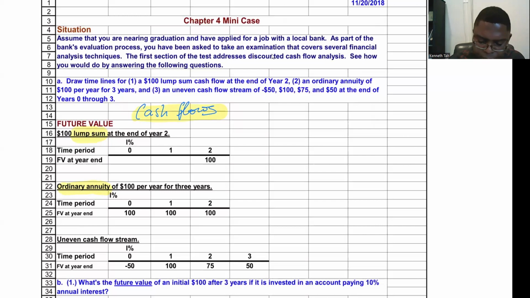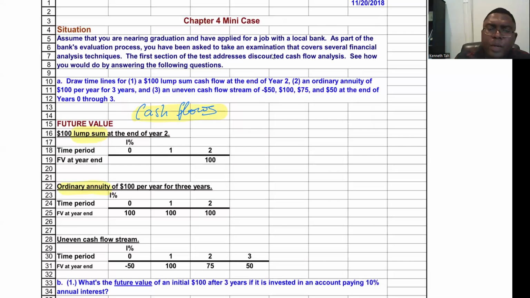At the end of year one, we get a $100 cash flow. At the end of year two, we get a $100 cash flow. And at the end of year three, we get a $100 cash flow. So that is an ordinary annuity. It's cash flow that comes period after period for a finite period of time, and that cash flow comes at the end of each period.